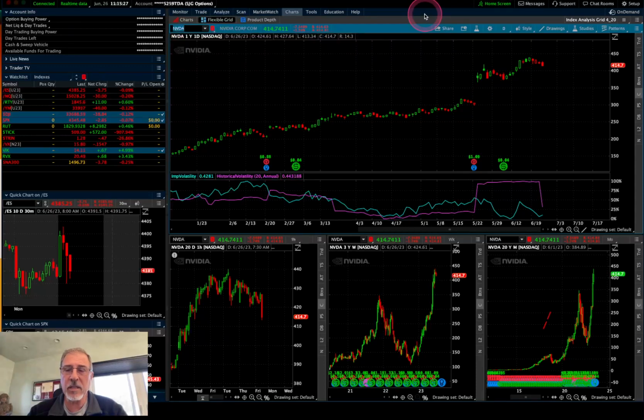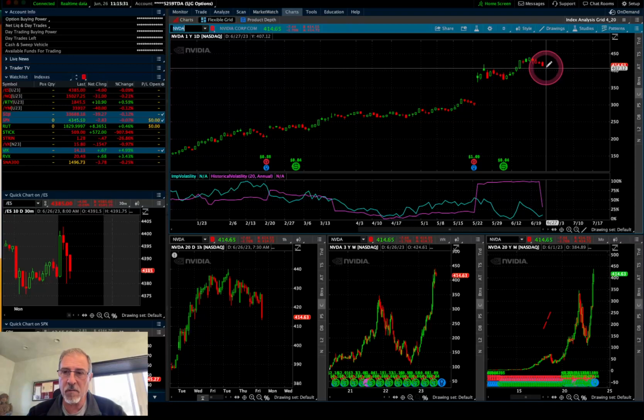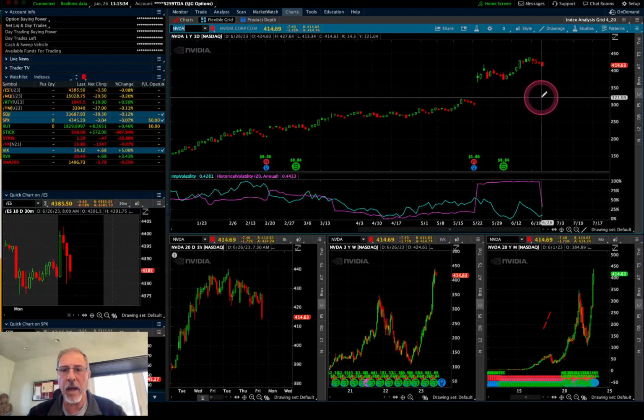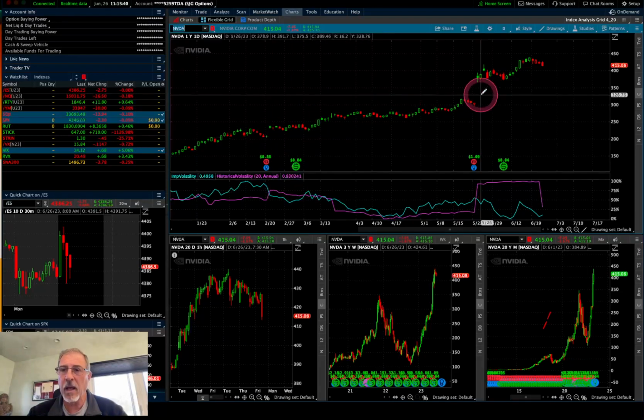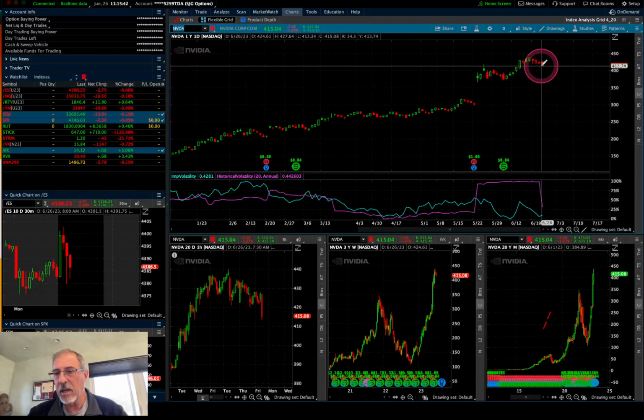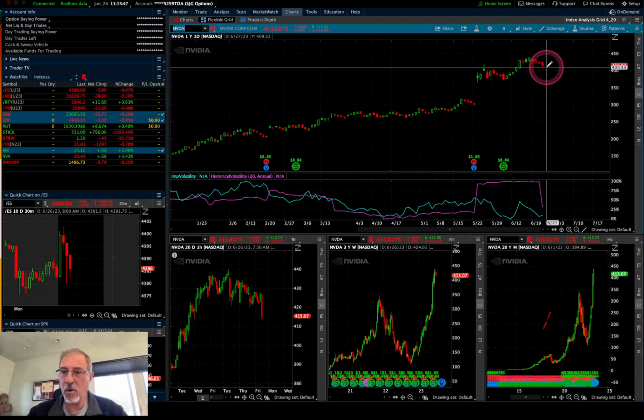Now, one of the things that tends to happen with stocks is they tend to do what's called fill the gap. They tend to pull back and usually fill the gap. Nvidia doesn't all the time. You can see it didn't here. However, I do think it's possibly overextended, and it is showing a little weakness here.